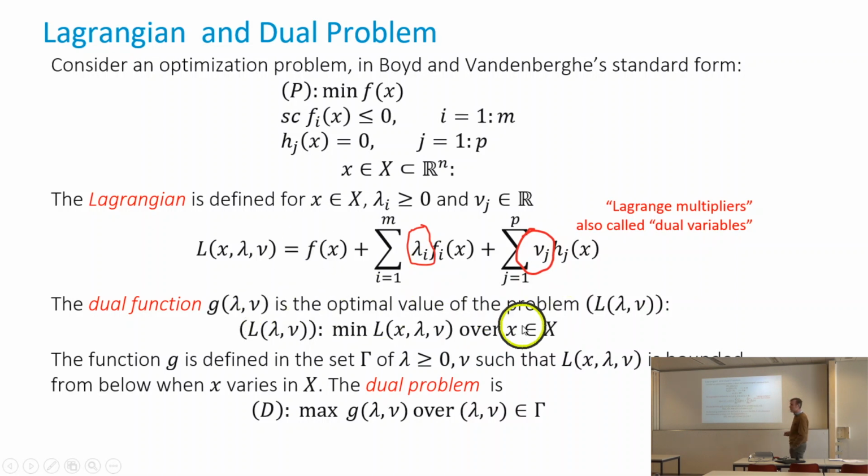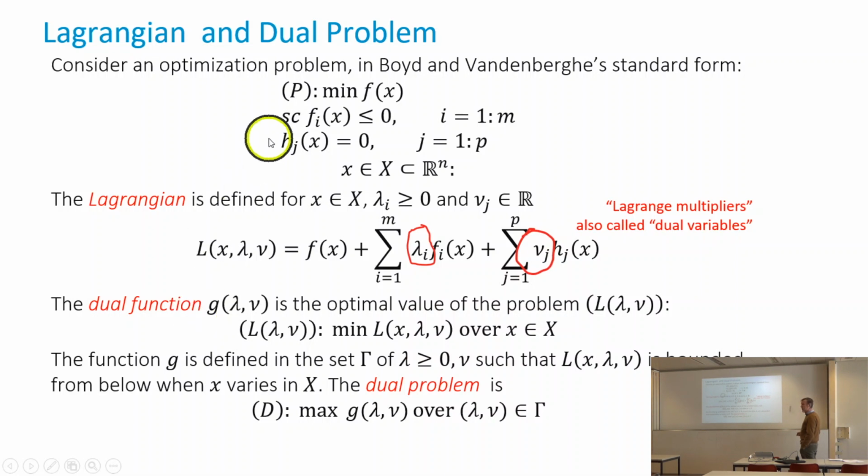We call this the unconstrained problem, although there may be some constraints in X, but we have removed the constraints that are explicitly written here. So if I consider this problem here, the dual function of it is the optimal value with the same convention as before. If the problem is not feasible, which means if X is empty, but now there's no constraint, so this will always be feasible, typically. But the minimum might be minus infinity here.